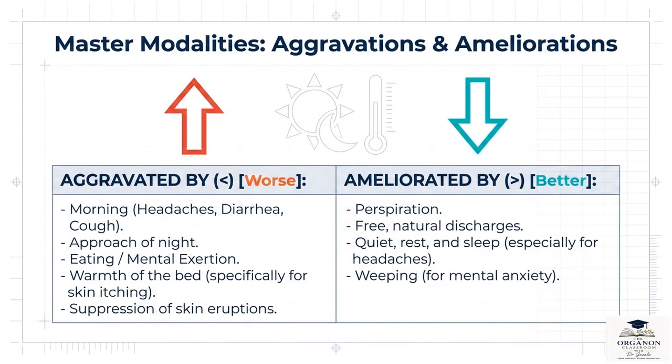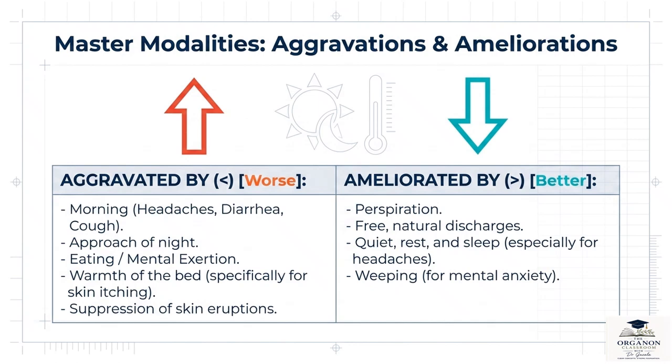Aggravated, worse in the mornings, approach of night, eating, mental exertion, warmth of bed, specifically for skin itching, suppression of skin eruptions. ठीक है, ये जनरल एग्रेवेशन अमिलियोरेशन है, दिस हैज टू बी देयर। जैसे ट्रायड रहेगा आपका, जो डायग्नोस्टिक ट्रायड था अपना माइंड, जीआई और स्किन, वैसे ही ये मोडालिटीज हैज टू बी देयर इन योर answer. Ameliorated by perspiration, free natural discharges, quiet rest and sleep, especially for headaches, and weeping for mental anxiety.